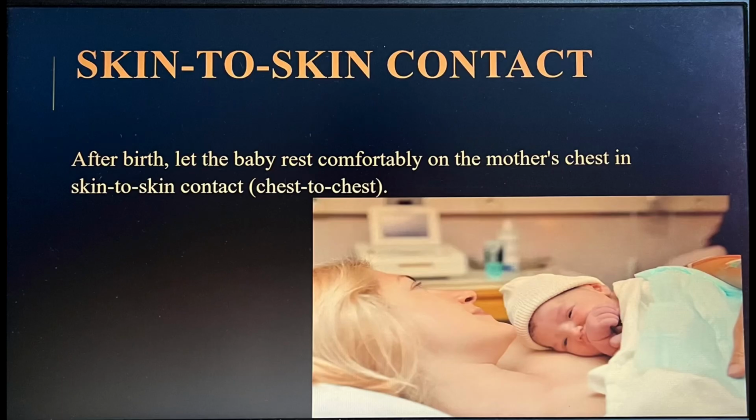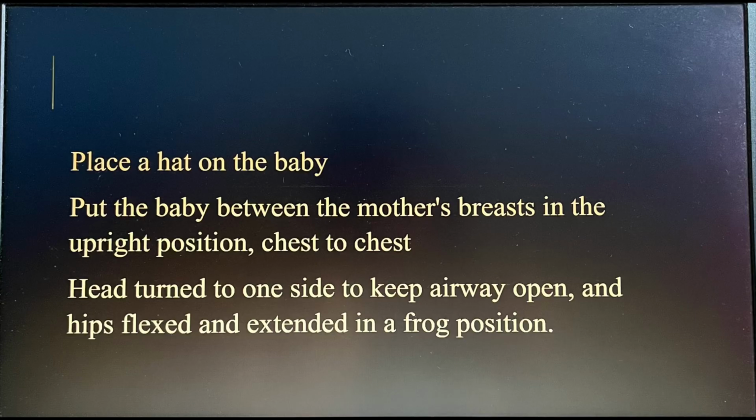Now next is skin to skin contact. Just after the baby's birth, it is very important to start skin to skin contact with the mother's chest. How do we do that? We place a hat on the baby and then put the baby between the mother's breasts in an upright position.